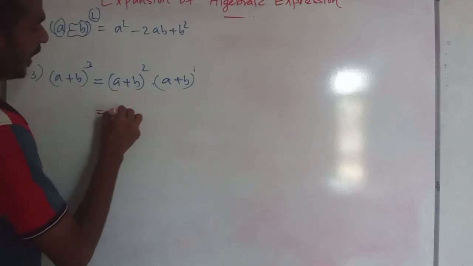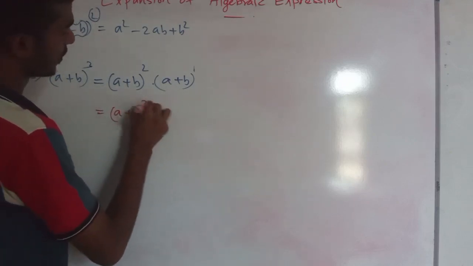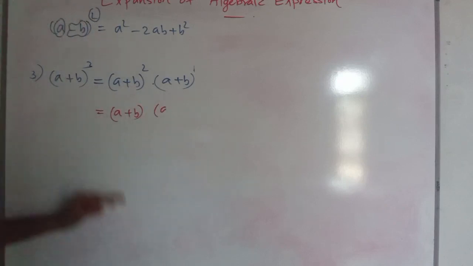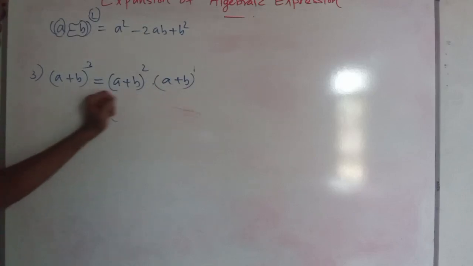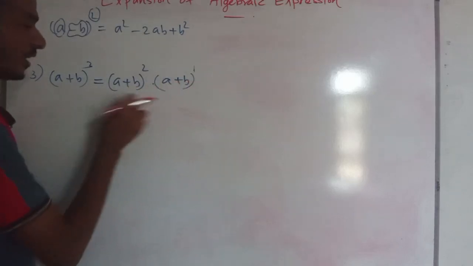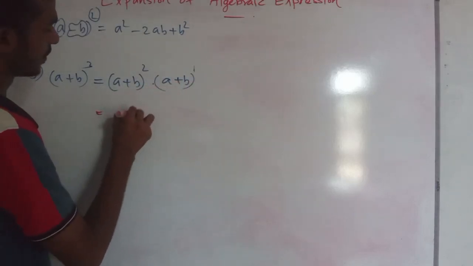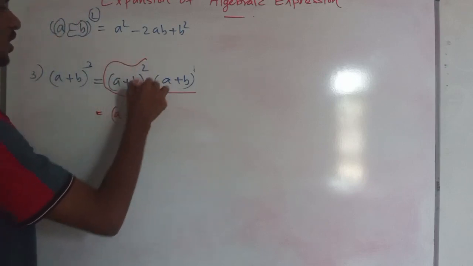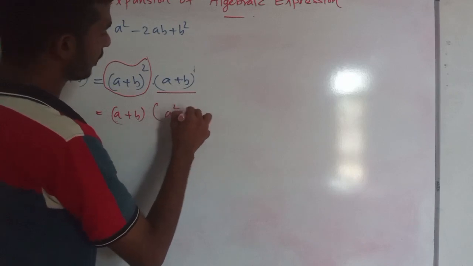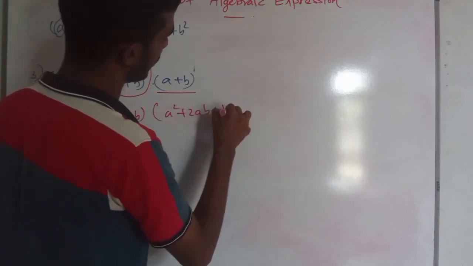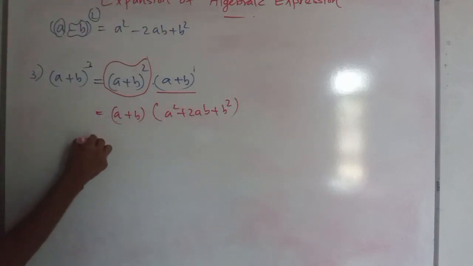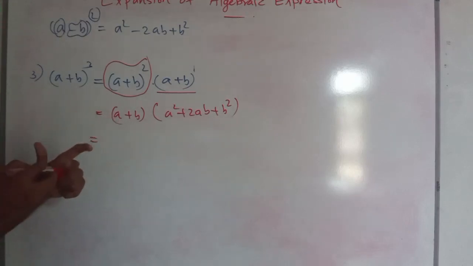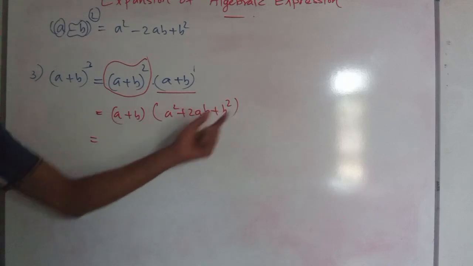Now this can be written as (A + B) holding square, (A + B) into... Okay, now I just write this (A + B) here, and instead of this I write A² + 2AB + B², right? Now I multiply this A, the first term of the first expression, by all the terms in the second expression.